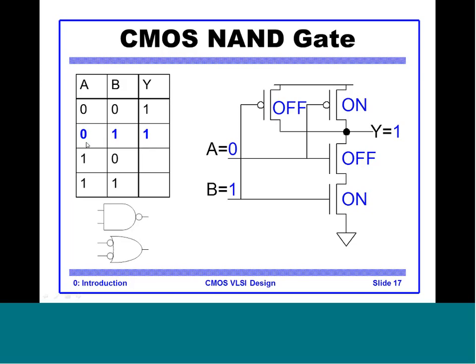So condition A0 B1 is similar to condition A1 and B0. That is, one of the PMOS is on and it pulls Y to 1. To pull Y to 0, both these NMOS should be on. That is, both A and B should be 1.